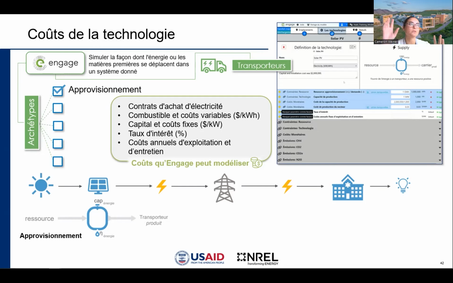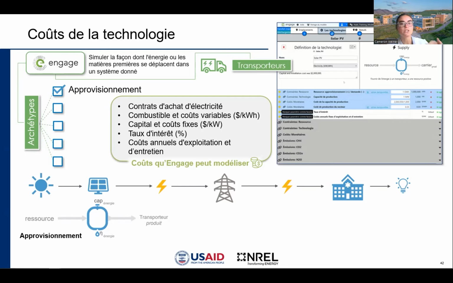So this LCOE or PPA cost would include all the costs within that dollar per kilowatt hour price. But we've also configured the cost of production capacity parameter here, which represents the capital costs associated with building that PV plant.